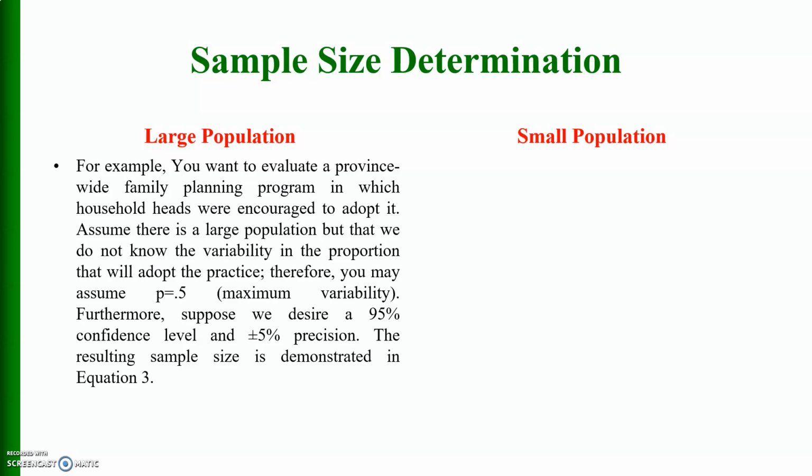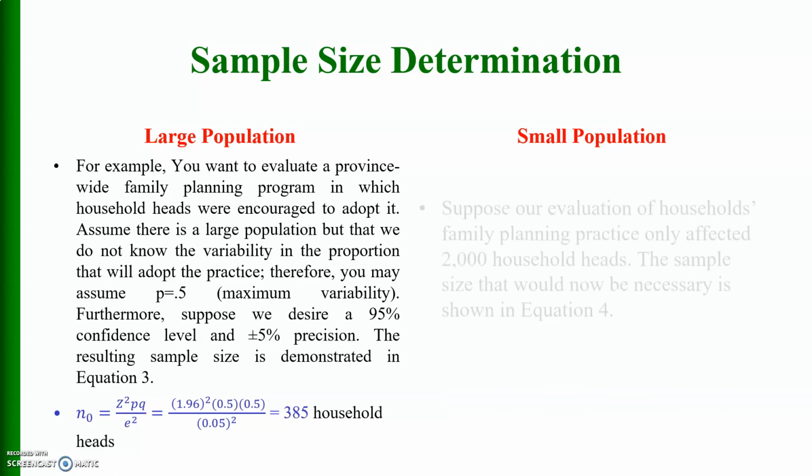Therefore, we may assume P is equal to 0.5, that is 50%. Furthermore, suppose we desire a 95% confidence level and plus minus 5% precision. The resulting sample size is determined in the following equation, and it gives us 385 household heads.